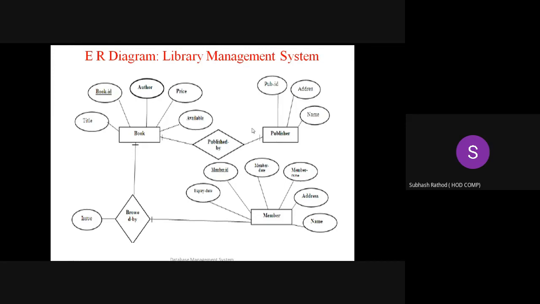Book is published by publisher. The publisher has publisher ID, publisher address, publisher name, so we can consider publisher as an entity, and book and publisher are associated by the relation published by.